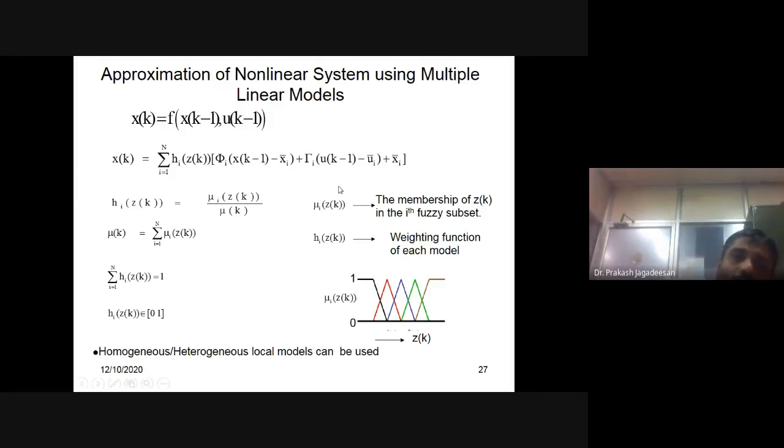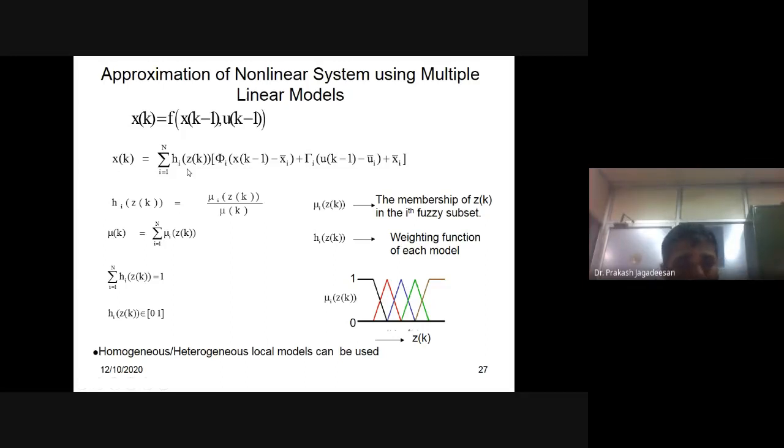So this function f, I would like to approximate with the help of n local linear models, and this h_i(z(k)) is nothing but the weights.